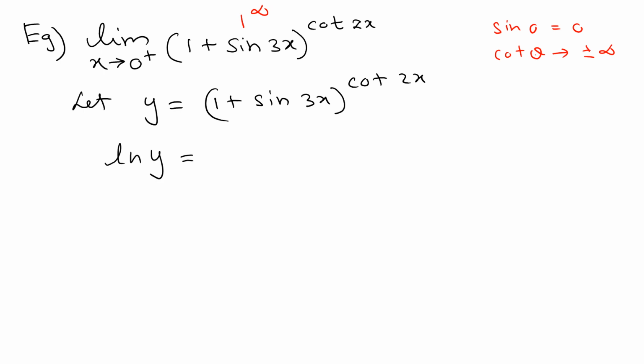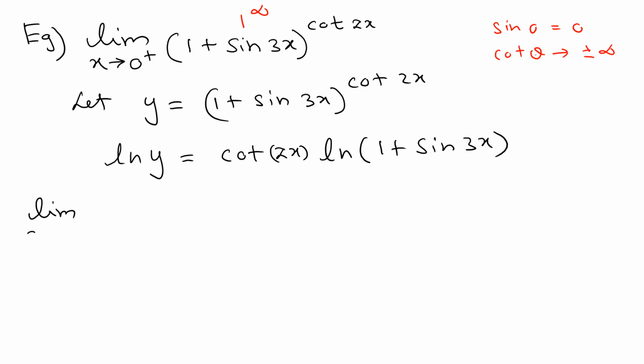So once you do that, you can see the power comes out. So I'll write that step here. And then times the natural log of the function. Now after we do that, you can see now we take the original limit. The original limit is limit when x goes to 0 plus ln y.